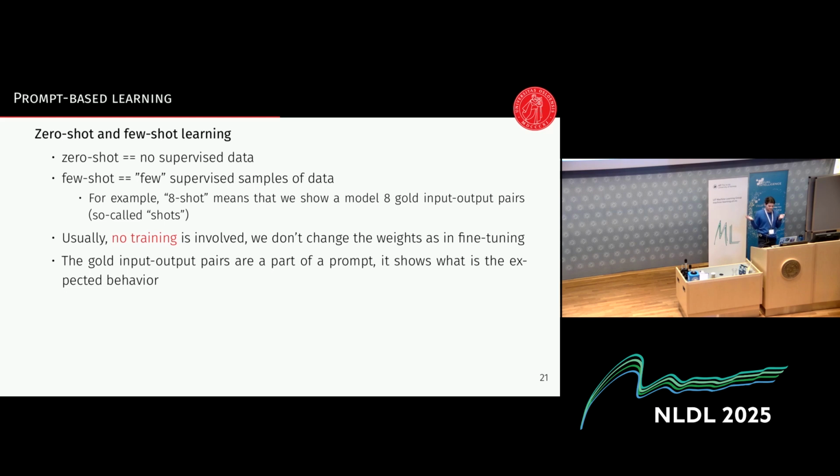But usually it's not very hard to come up with some examples of the correct behavior, with some supervised data. And then we use few-shot learning, where we actually show the model a handful of examples of the correct behavior. And this, of course, makes things much easier, because it can sometimes be hard to infer what we actually mean by our prompt.